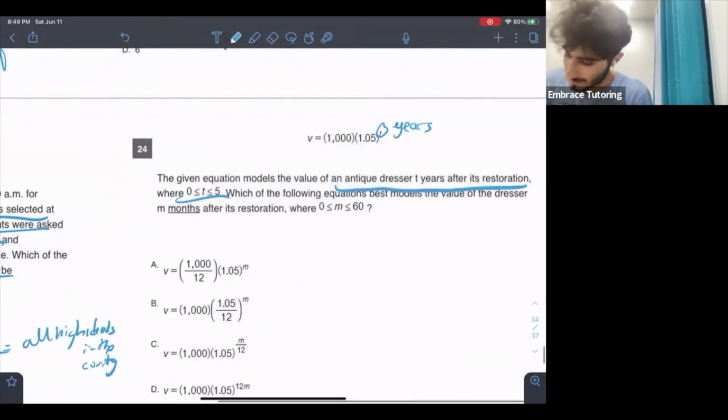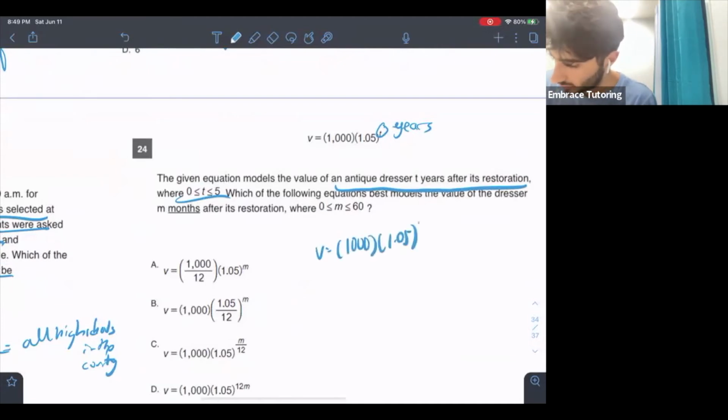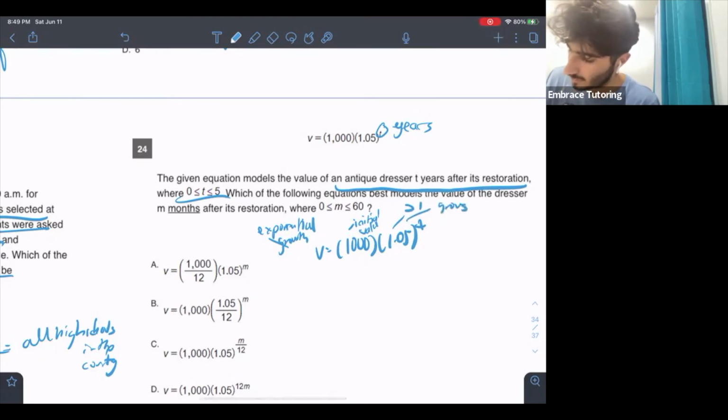So what you have to realize is that they gave you an equation where you have the initial value, and it's an exponential. It increases as exponential growth because the base is greater than 1, meaning that it grows by a percent, and T is time.